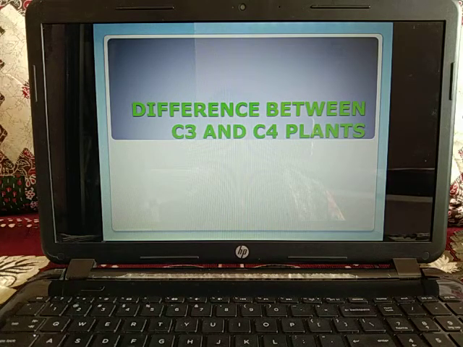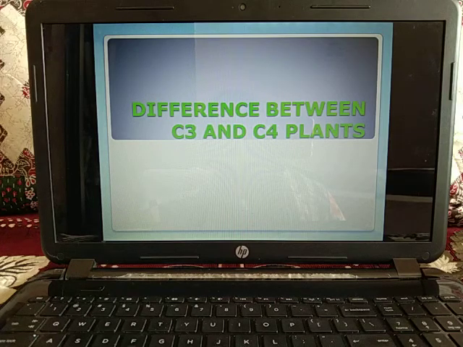The C3 plants usually cannot tolerate saline condition, but C4 plants can tolerate the halophytic condition, that is the saline environment. Okay, now the fixation of one molecule of carbon dioxide uses 3 ATP and 2 NADPH in case of the C3 plants, and in case of C4 plant the fixation of one molecule of carbon dioxide requires 5 ATP and 2 NADPH.